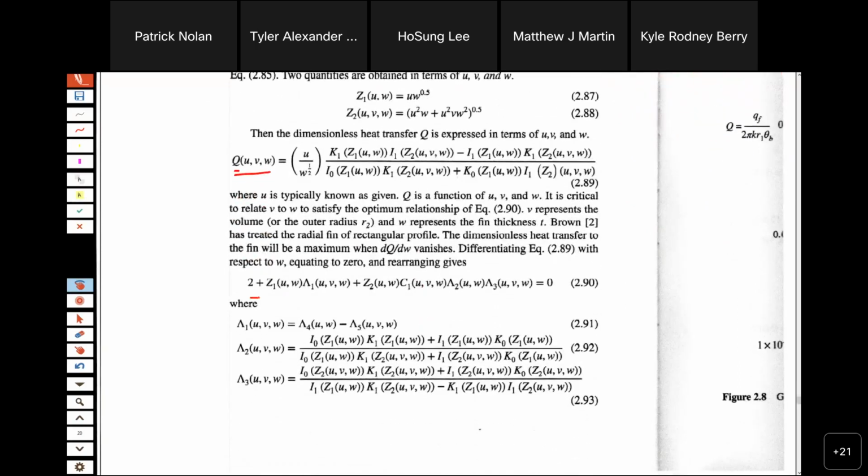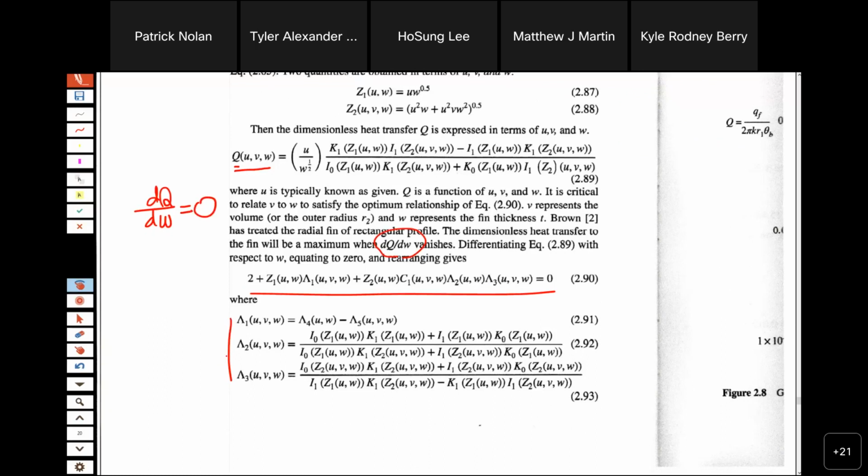This is a tremendous work. What is dW, dQ? Differentiate, set it to 0. This is the result. Okay, choose the work.